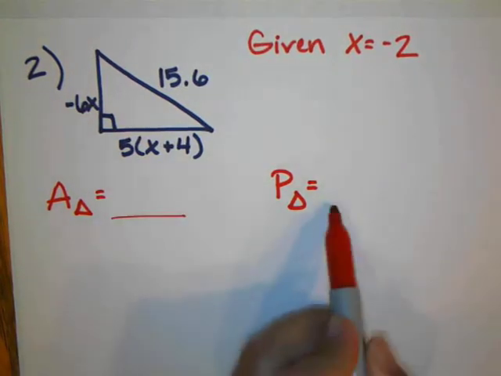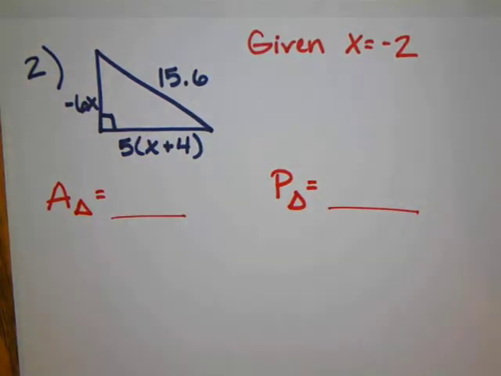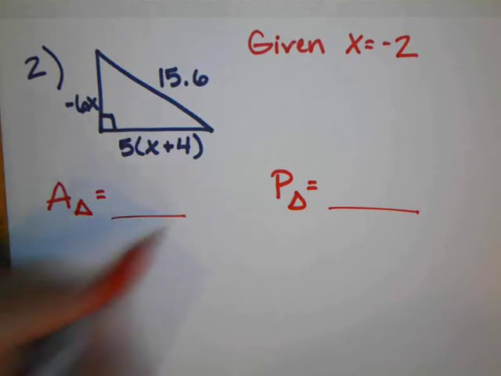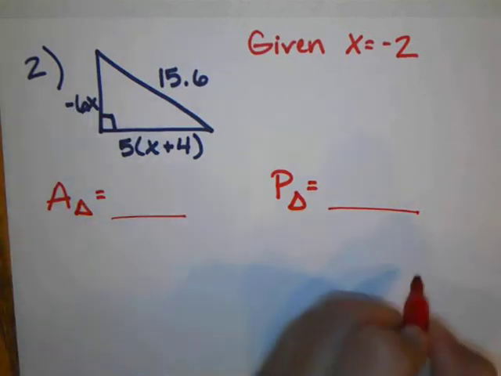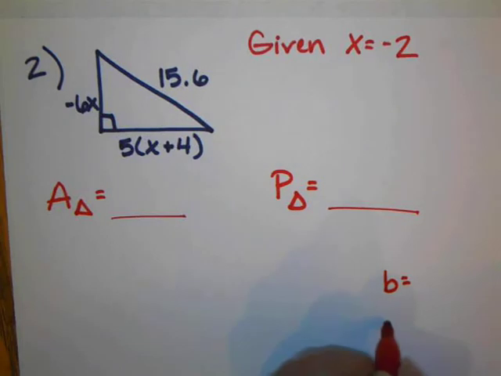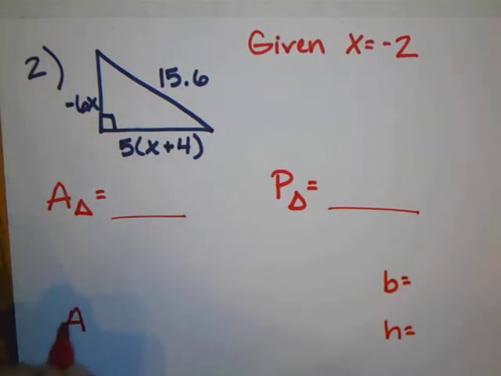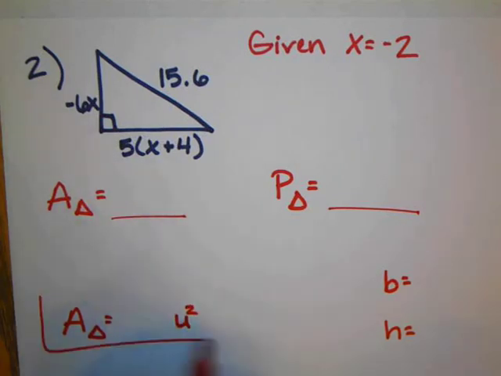The first thing you need to do is write out the formulas. These formulas use base and height, so then you need to find B, find H, plug them in, and you should have area of a triangle equals something, units squared, and my perimeter will just be units. There will not be units squared.